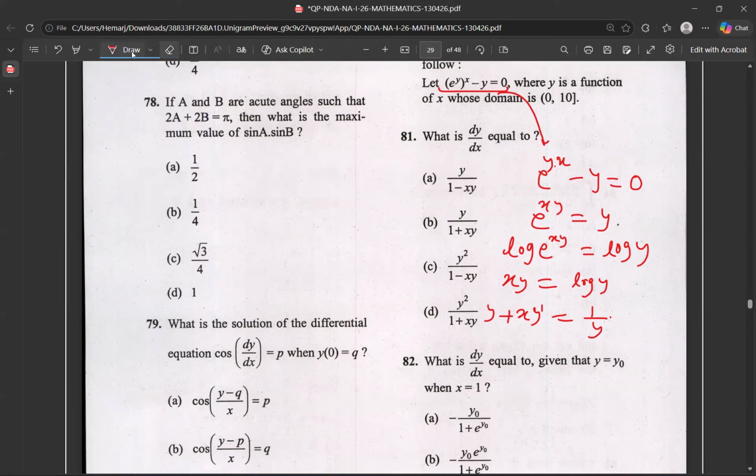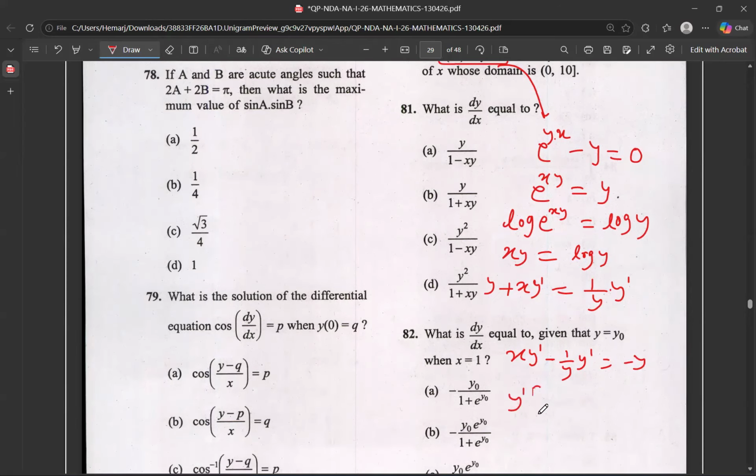Now take this to the left hand side: x y dash minus 1 by y dash equal to minus y. Take y dash common. This will become y dash into x y minus 1 divided by y equal to minus y.